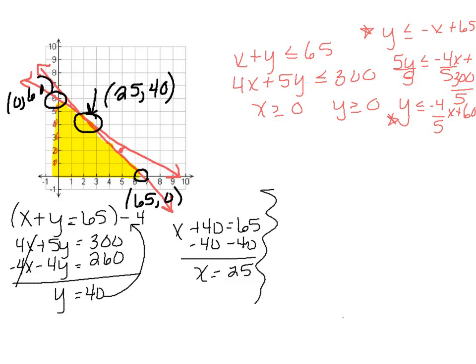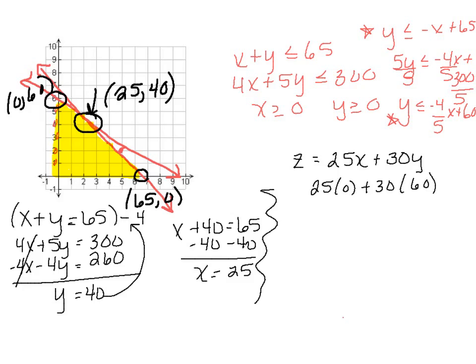So remember, our z function from the previous page is 25x plus 30y. So $25 per canoe and $30 per kayak per day. So let's just start at the top left. So 25 times 0 plus 30 times 60.